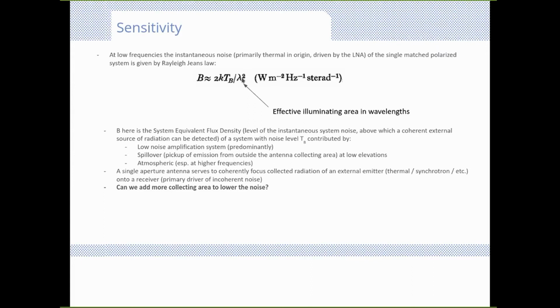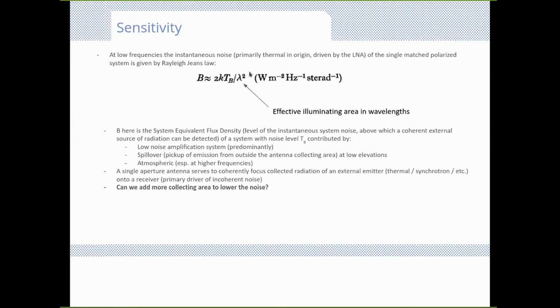If you have a perfect system with no ohmic losses, it will scale perfectly to match the total collecting area at the peak of the antenna response.